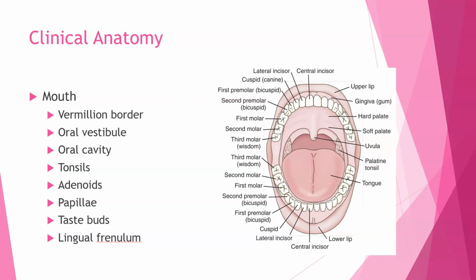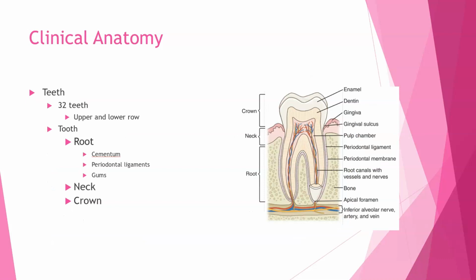And then looking specifically at teeth. Okay, so for an adult, you have 32 teeth total for upper and lower, and the tooth breakdown is right here in a picture for you, where you've got the root.